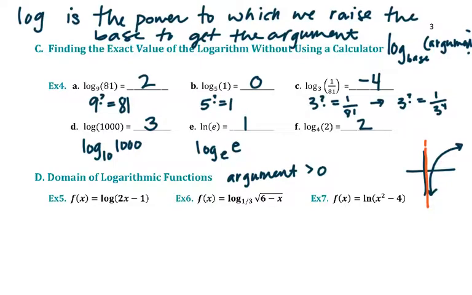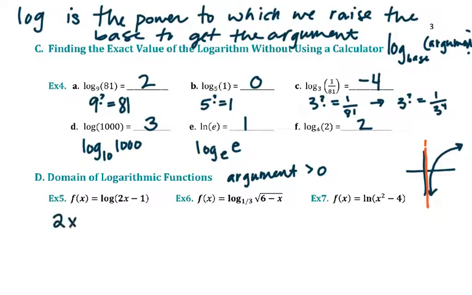So in order to find the domain in each of these situations, we're going to take the argument, which is what is in the parentheses, or the expression that we are trying to find the logarithm of, and we're going to need to set that greater than 0. So in part D, for example 5, f of x equals the log of 2x minus 1.